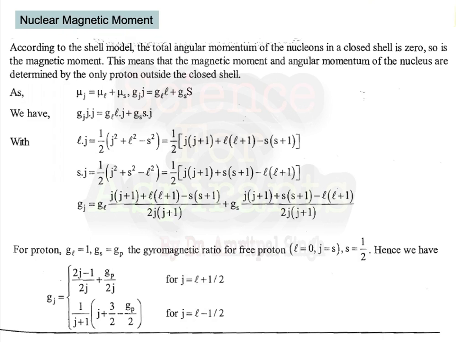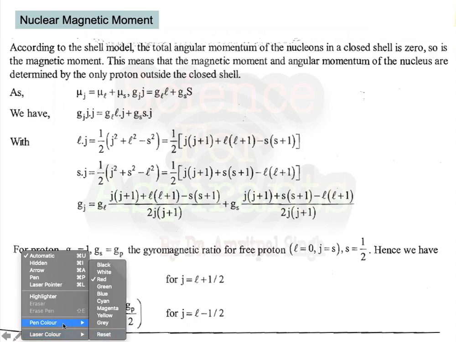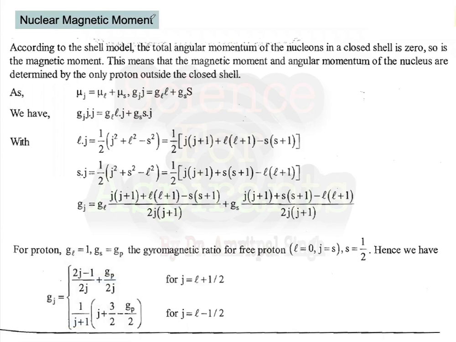I would not go into detail about the derivation, but you can check from these calculations that this magnetic moment is the sum of the angular magnetic moment and the spin magnetic moment, and from that we can find the total gyromagnetic ratio, which depends upon the angular gyromagnetic ratio and the spin gyromagnetic ratio, and the value of g.